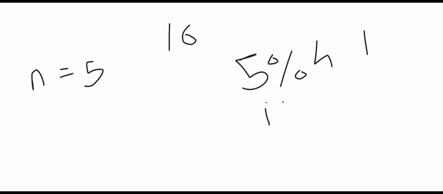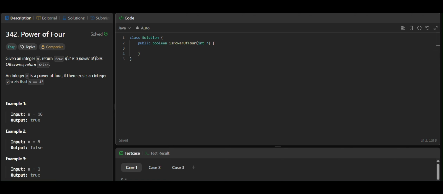So as it is not divisible by 4, we are not going to divide it again by 4. So we'll check if 5 is equal to 1. No, it means that 5 is not a power of 4. So we are going to implement this basic approach to check whether the given integer n is a power of 4 or not. Now guys, let us start with the implementation of our logic.